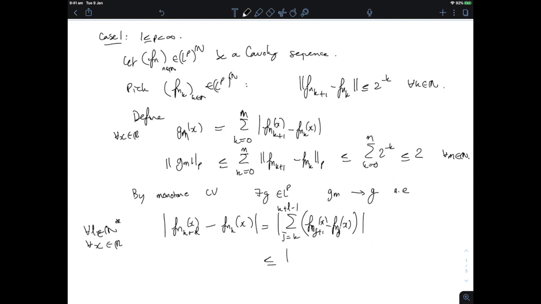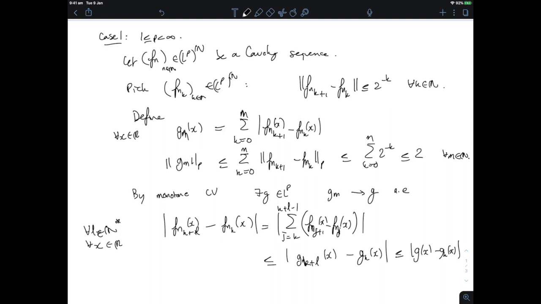So it is smaller than, how did I define that, G_{k+L} of x minus G_k of x. But my sequence G is increasing and converging, so this is certainly smaller than G of x minus G_k of x, and that goes to 0 as k goes to infinity.